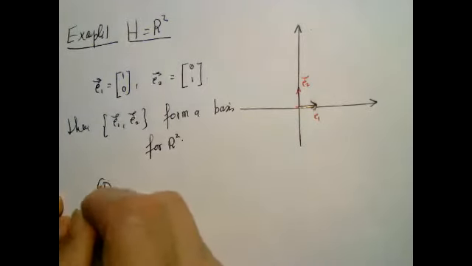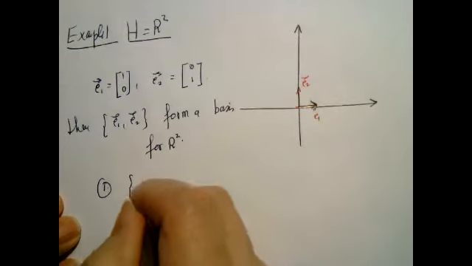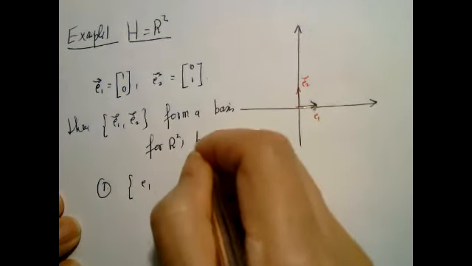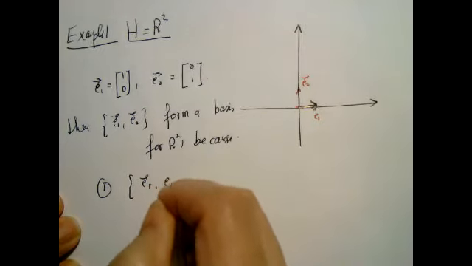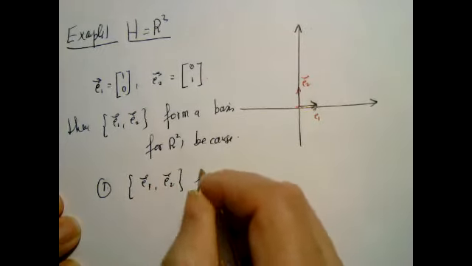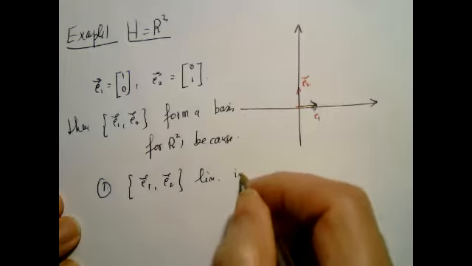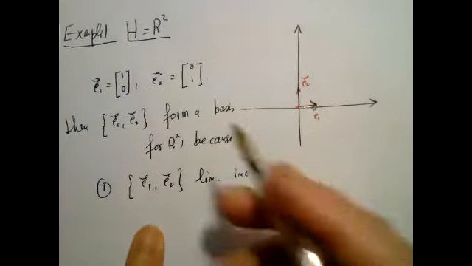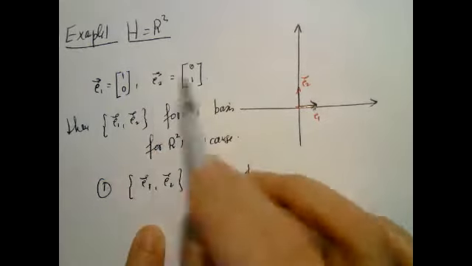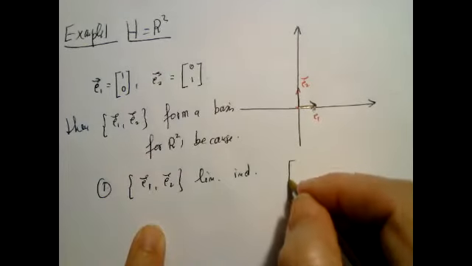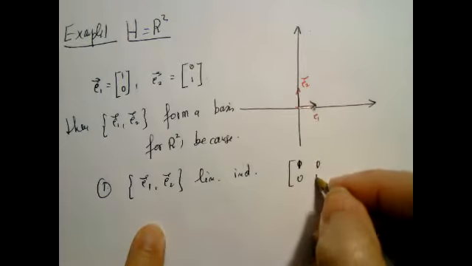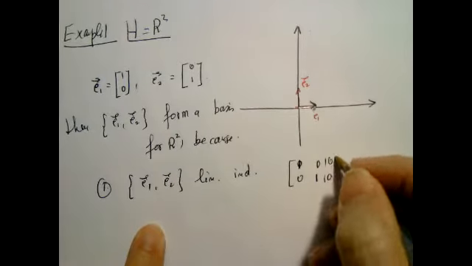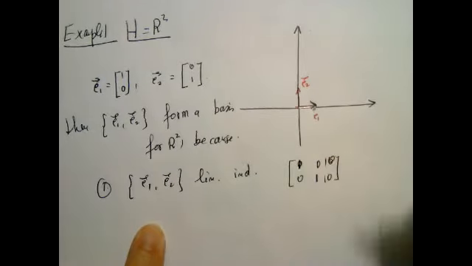So first, E1 and E2 are obviously linearly independent. There are two vectors, and of course they are not scalar multiples. Or you can put them in a matrix form, and definitely there is no free variable. They are linearly independent.